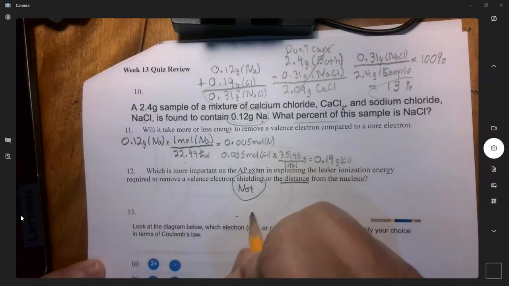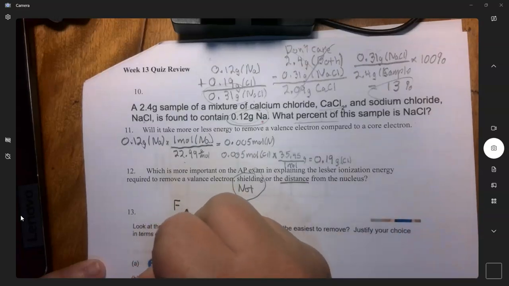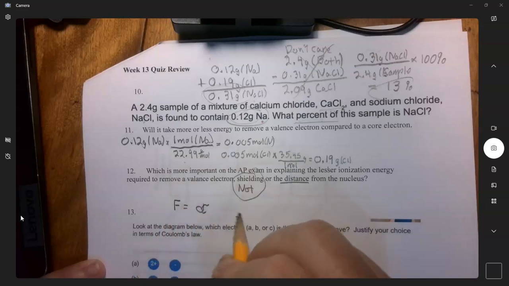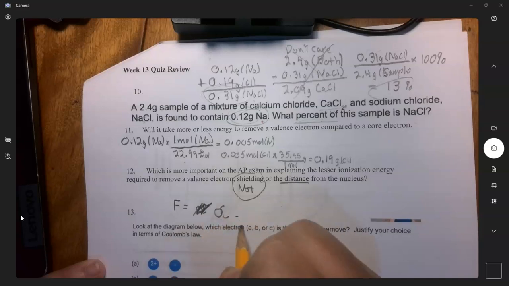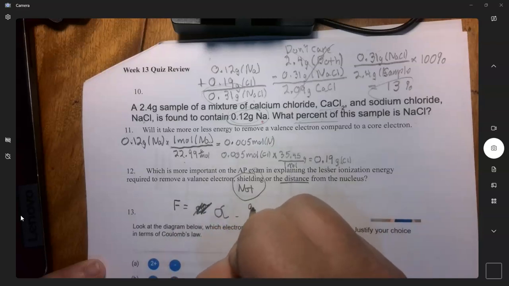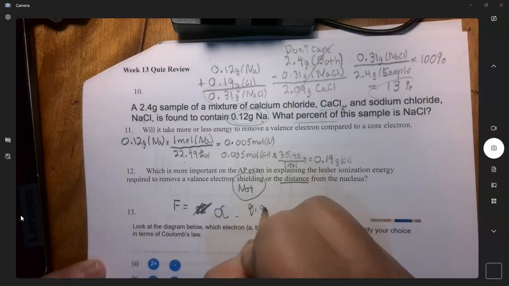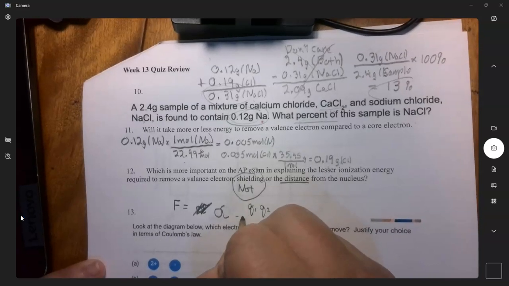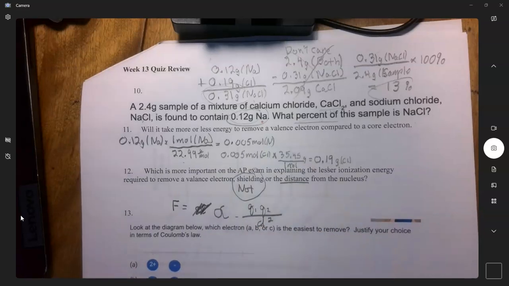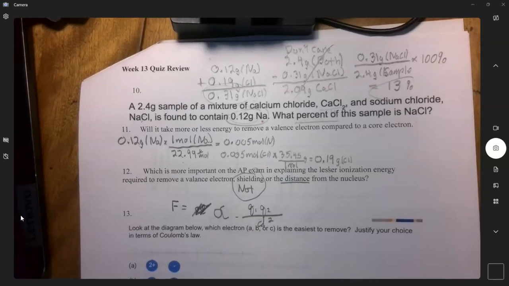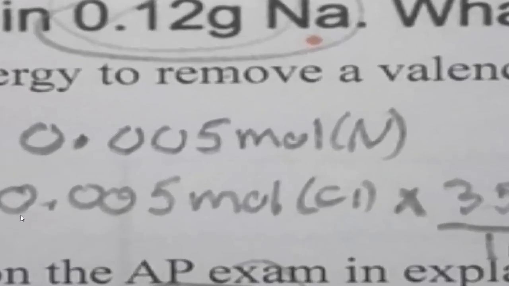Okay, so Coulomb's law says that the force between the proton and the electron is proportional to Q1, that's the charge of the proton, Q2, the charge of the electron, over the distance squared. Sometimes they use an R instead of a D. So there's nothing about shielding in that formula. So they always want you to state it in terms of Coulomb's law. Okay, so distance is the answer they want to hear.